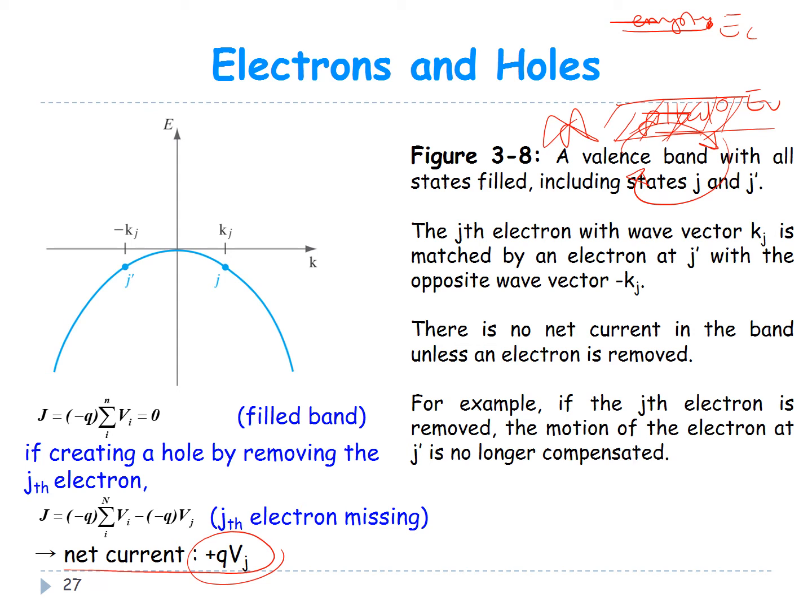So the more you have, the more current. If you have n number of these, then you have plus Q n Vj. So we need to increase the number of these electron-hole pairs for us to have more conductivity in our semiconductor.